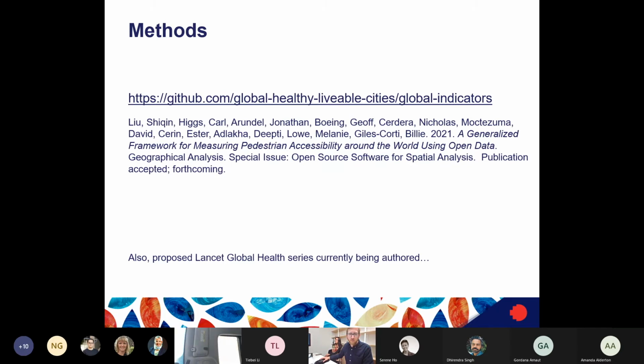I won't go into detail on the methods, but we can, because it's broadly similar to other projects we've done in our group, like the National Livability Project and the Livability Index, and myself and others have presented on these before.